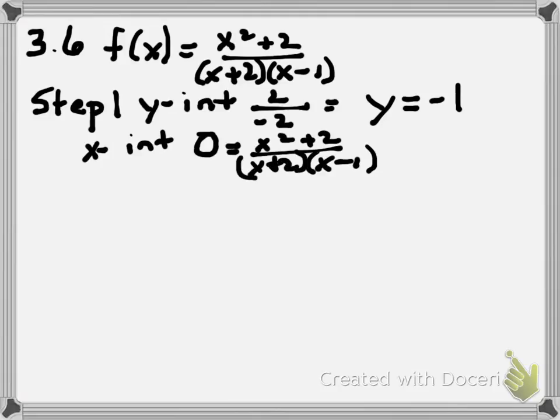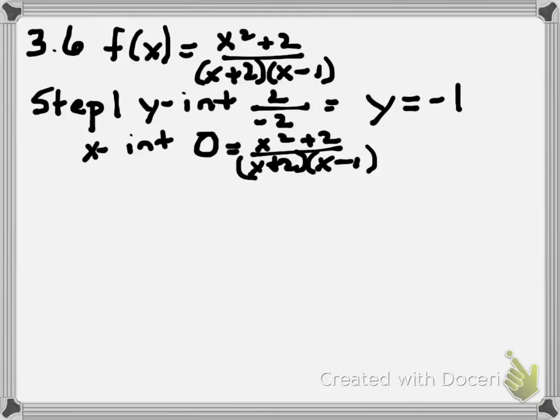Now, in order to clear the denominator, we're going to multiply both sides by the quantity x plus 2 times x minus 1. So now, when I multiply the denominator by 0, I just have 0 again. So I have 0 equals the numerator.